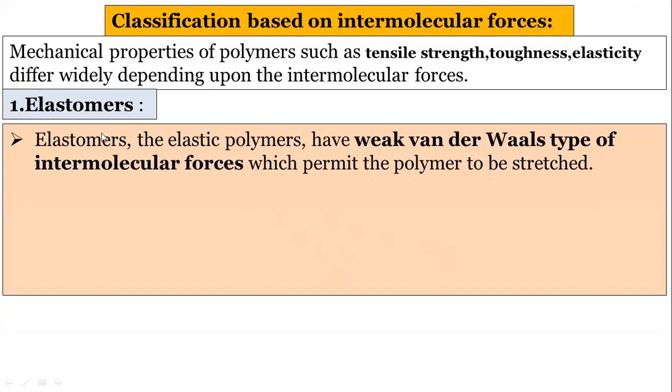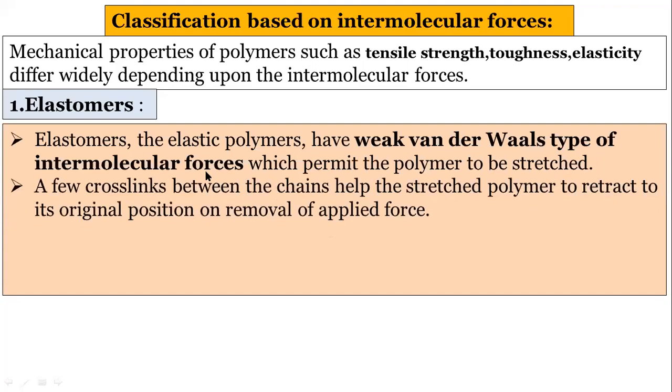So first we have to write down elastomers. These are elastic polymers, and they are made up of weak van der Waals type of intermolecular forces, which permit the polymer to be stretched. You know, when force is applied on both sides, these elastomers can be stretched, and if the force is removed, they can come back to the original position. Why is this happening?